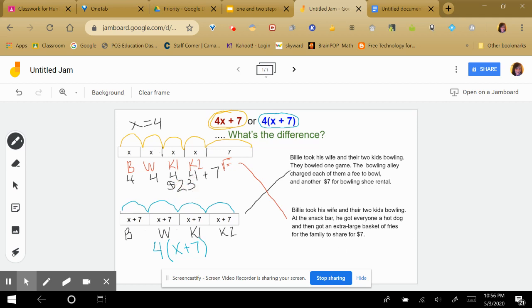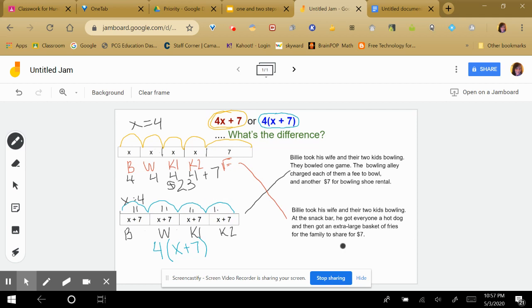Let's look at the bottom problem. What if x was 4 again? How much did Billy spend? Well, x plus 7 would be 11, right? Because x is 4. So he spent 11 and 11 and 11 and 11.